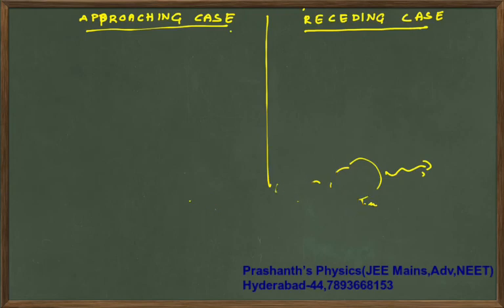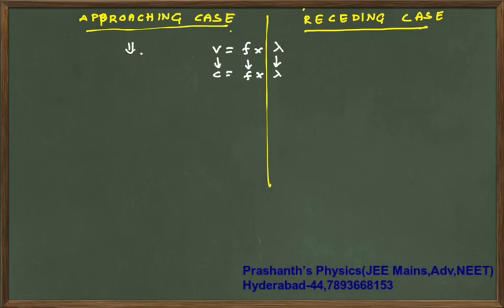Now here, what happens, I will tell you. We know that velocity is frequency into lambda. In case of light, your v is the speed of light, which is equal to f into lambda. Now in the approaching case, similar to sound waves, when bodies come close, what will happen?